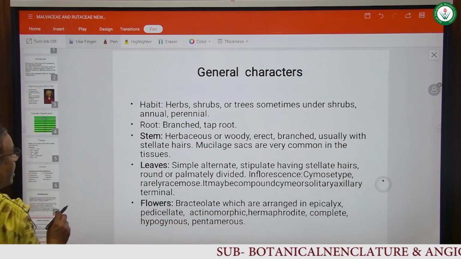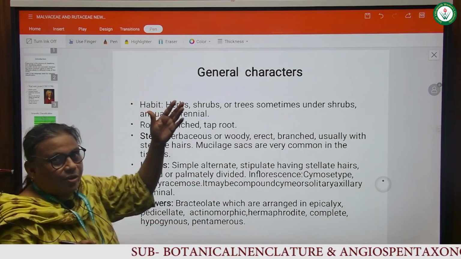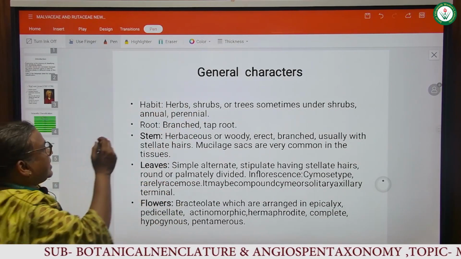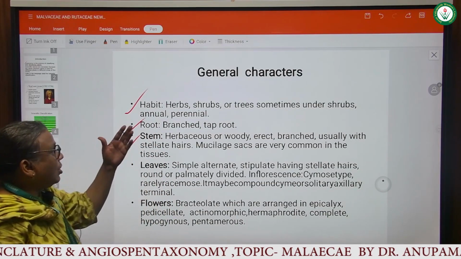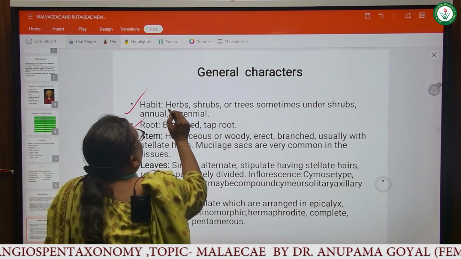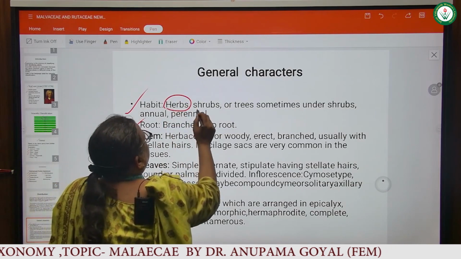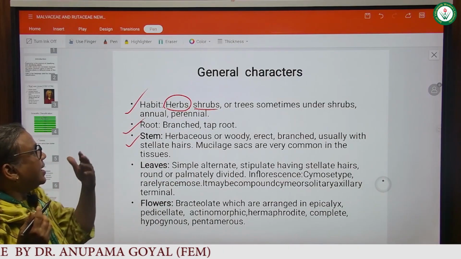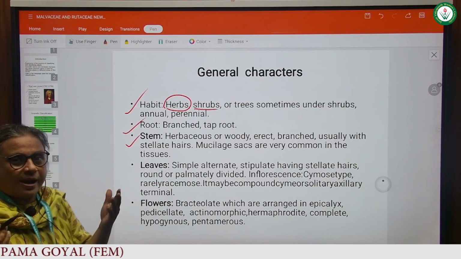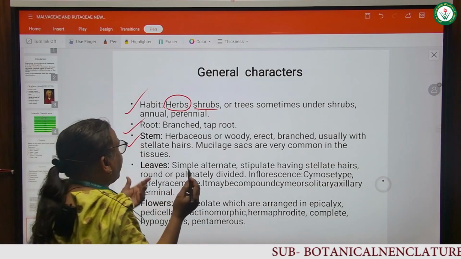Now I talk about the general characters of the family Malvaceae. First of all, we begin with the habit, root and stem. Generally the plants in family Malvaceae are herbs, shrubs or trees, sometimes undershrubs, and these plants are annual or perennial.